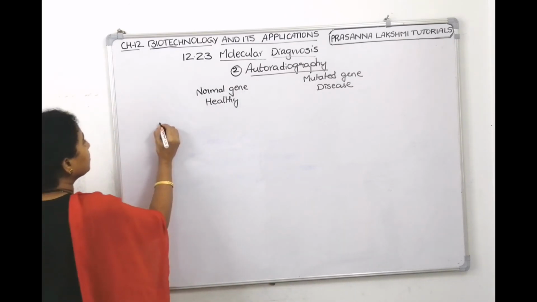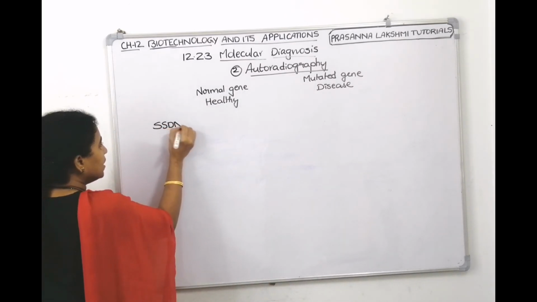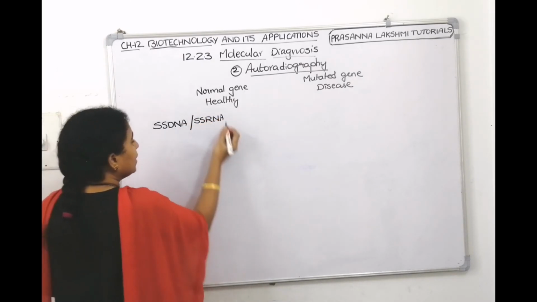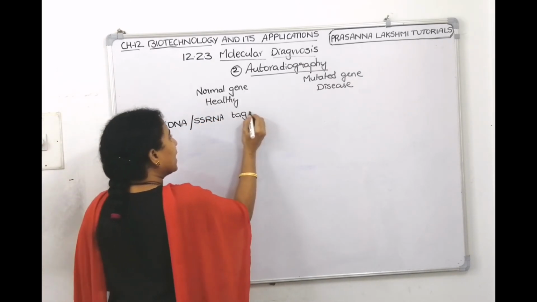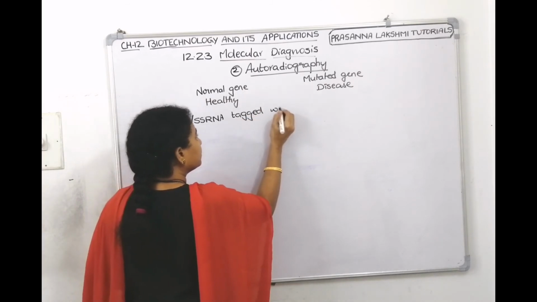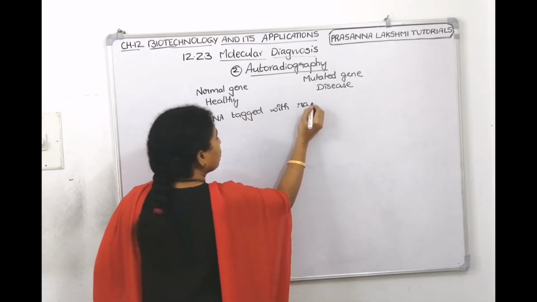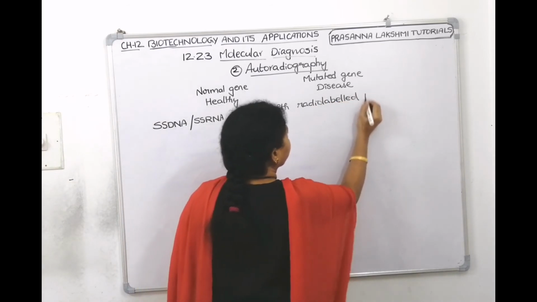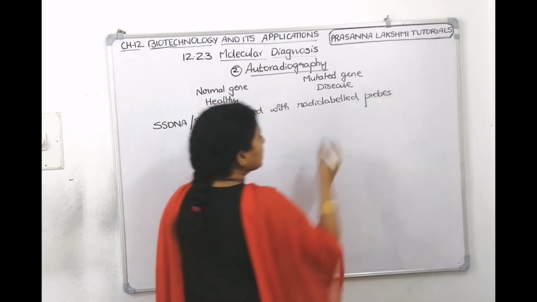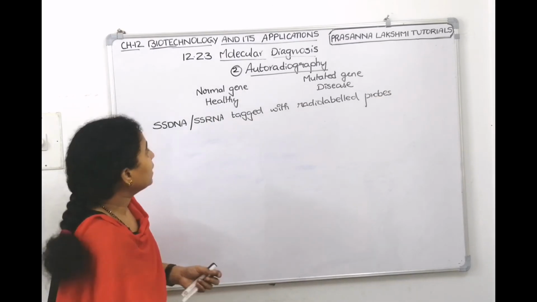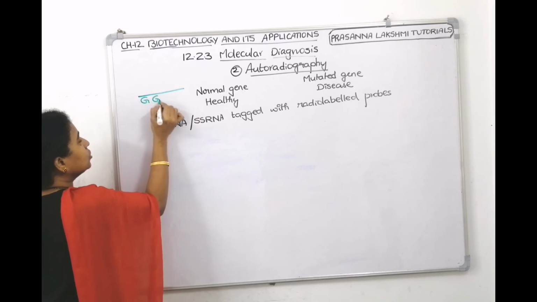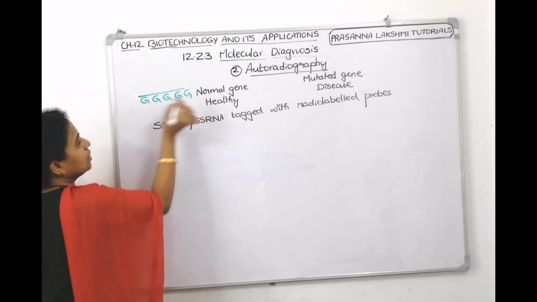So we will go with single-stranded DNA or single-stranded RNA tagged with radiolabeled probes. For example, we want to identify a normal gene in which the sequence is G, G, G, G, G, right?